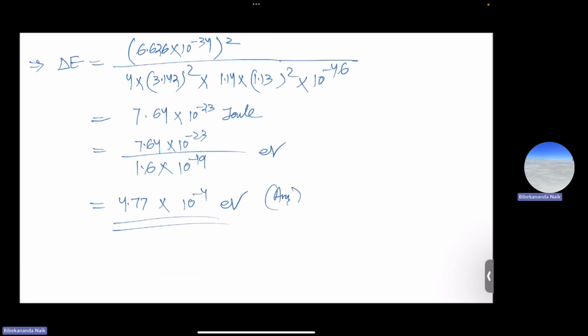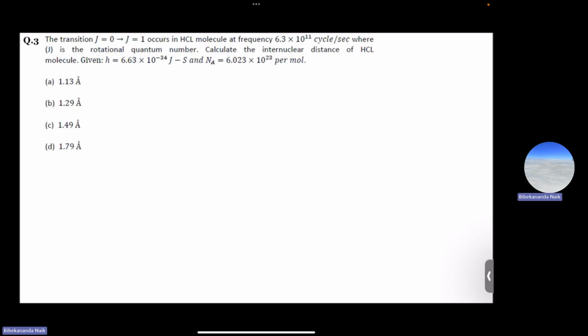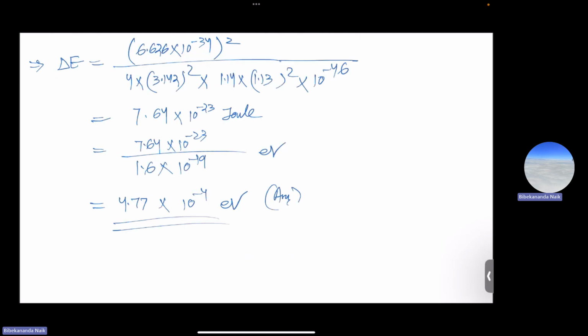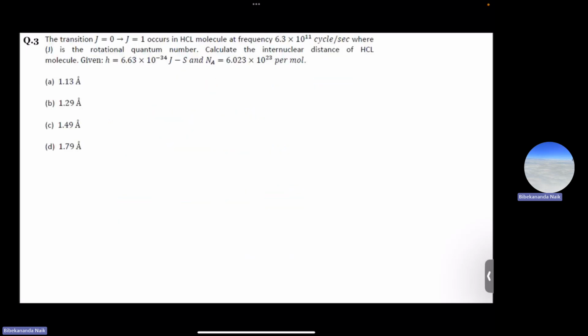Then the next question. The question says the transition from J equals 0 to J equals 1 occurs in the HCl molecule at frequency 6.3 into 10 to the power 11 cycles per second, where J is the rotational quantum number.